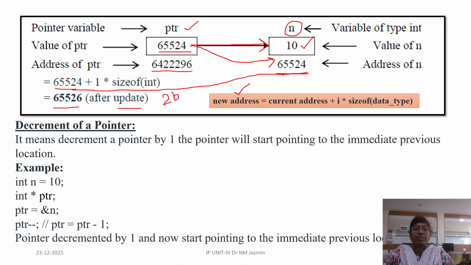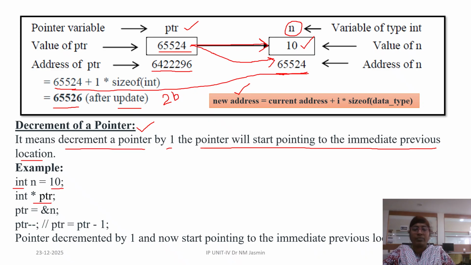Go to the next operation, that is decrement of a pointer, meaning decrement a pointer by 1. So the pointer will start pointing to the immediate previous location. Here n is assigned the value 10, which is an integer.